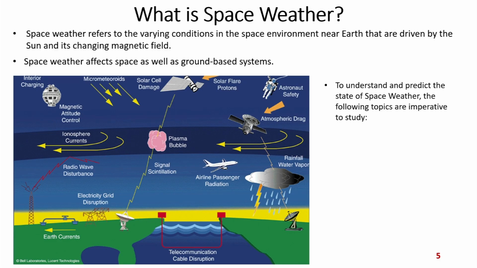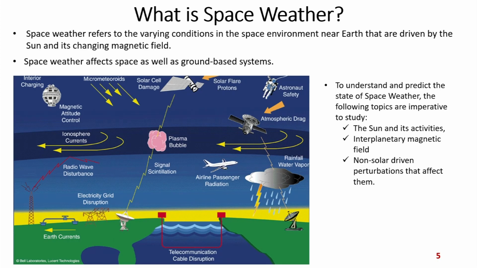To understand and predict the state of space weather, it is necessary to first study the sun and its activities. This is very important, to understand the solar activities. Then the interplanetary magnetic field, by which I mean the magnetic field due to the solar system.